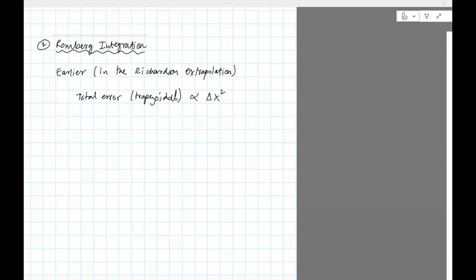Okay, well, that was just the first term. It turns out that the total error I is actually I1 plus C1 delta x square, right?